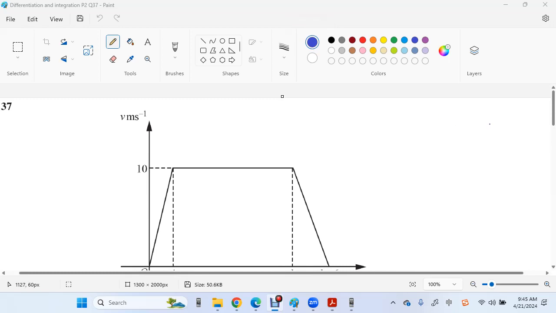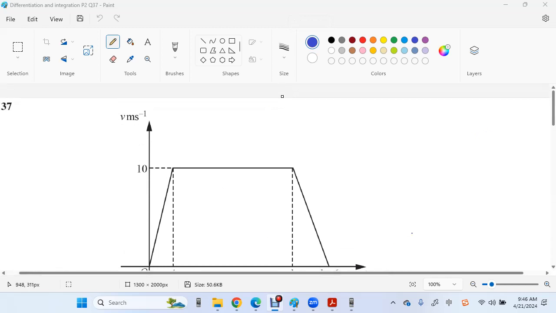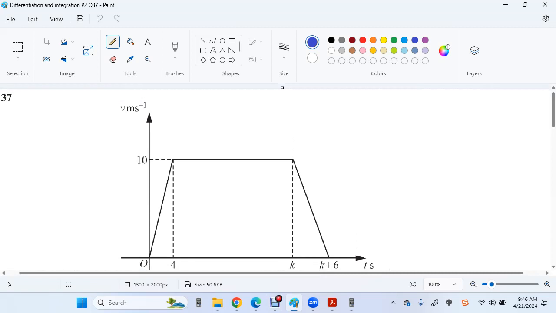Question number 37. So we have a VT graph. For this kind of question, the first thing that we do is we look at the y-axis here. We need to know whether it is a velocity or a displacement or an acceleration. Since it is a VT graph, when the time is 4 seconds, the velocity is 10.